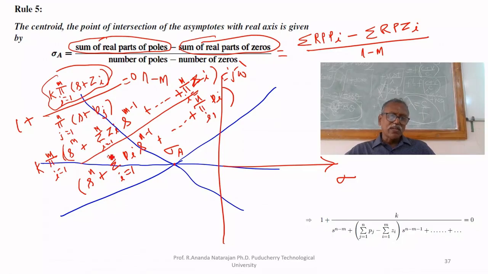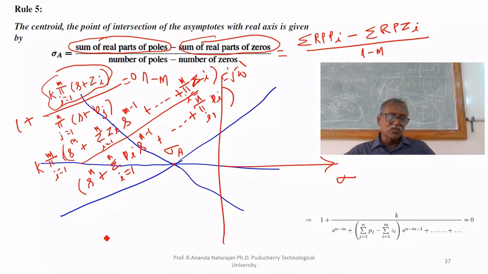If you divide the numerator and denominator by the numerator polynomial, what will you get? Numerator becomes 1.